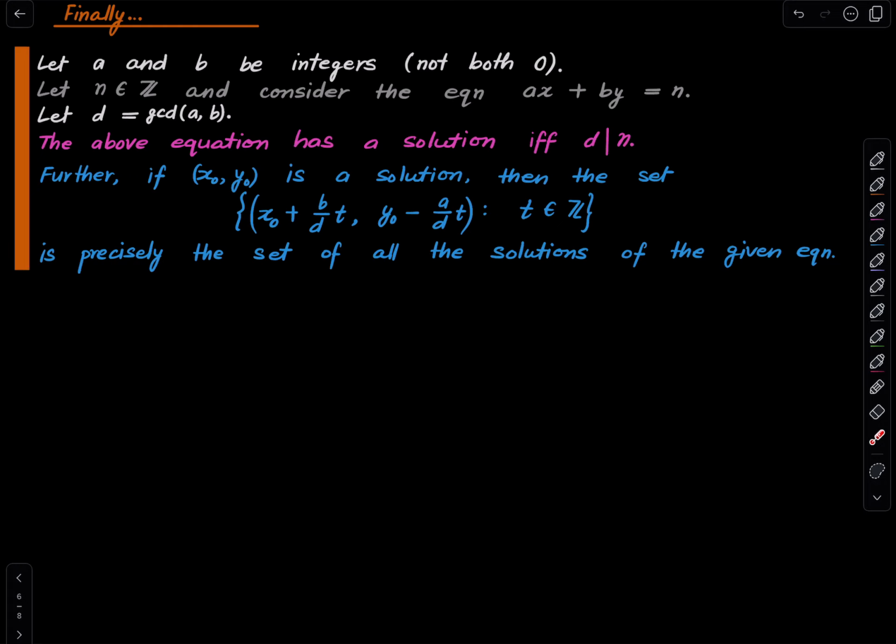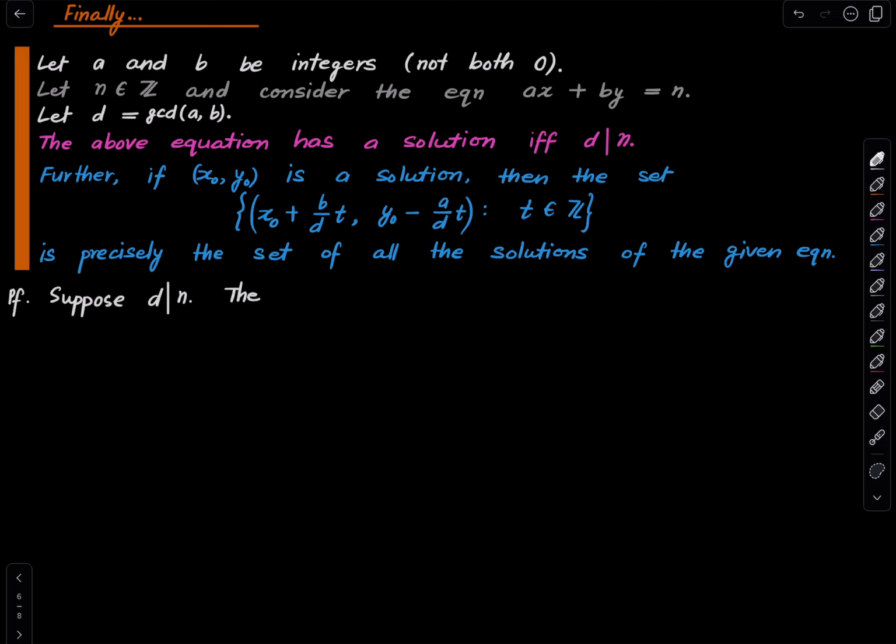Okay, great. So let me first argue this part. Why is it that if D divides n, then this equation necessarily has a solution? Suppose D divides n. We have already argued the other direction.